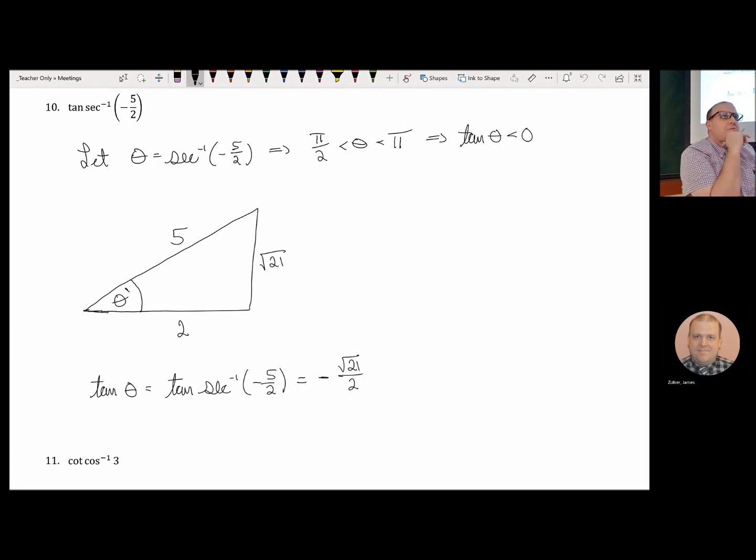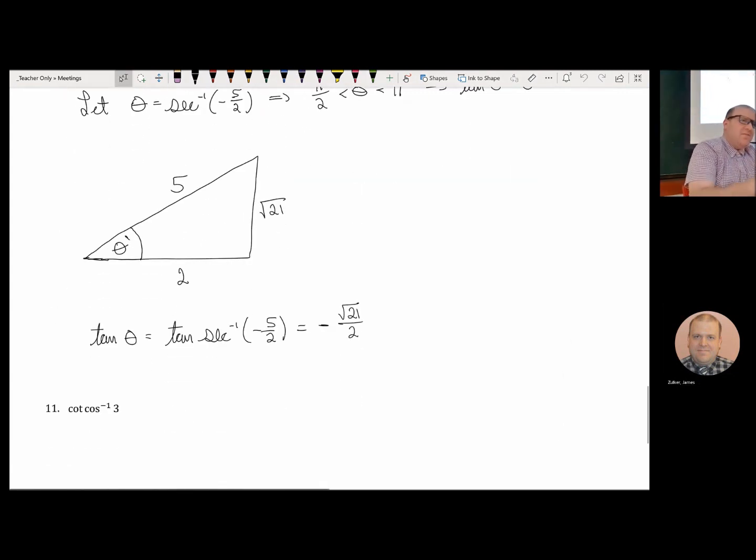Cotangent of the inverse cosine of 3. The cosine answer is positive.